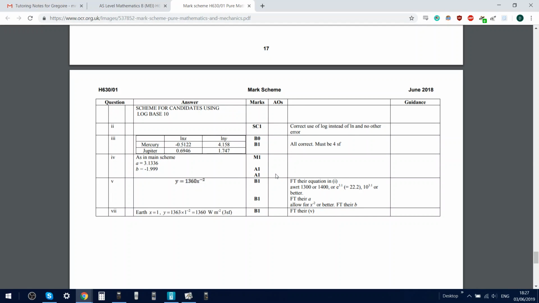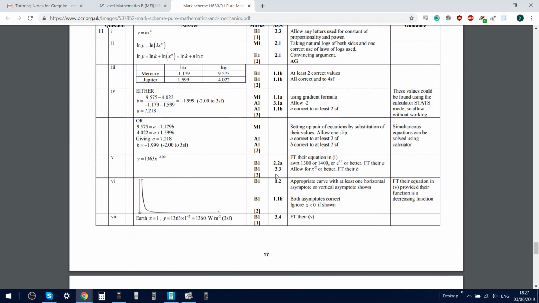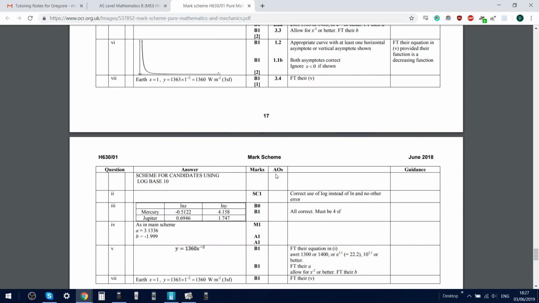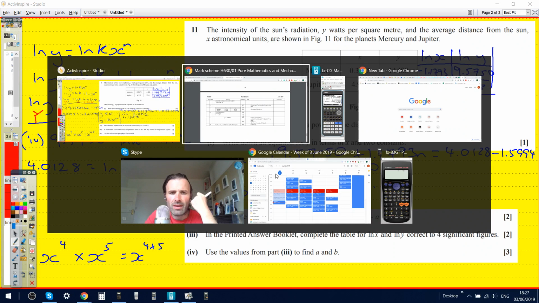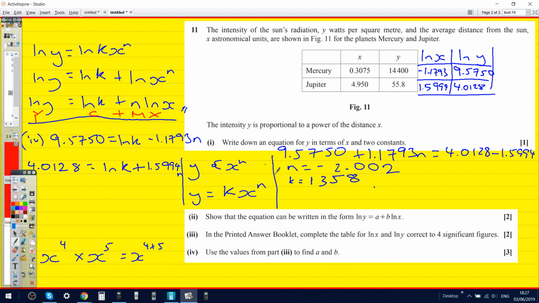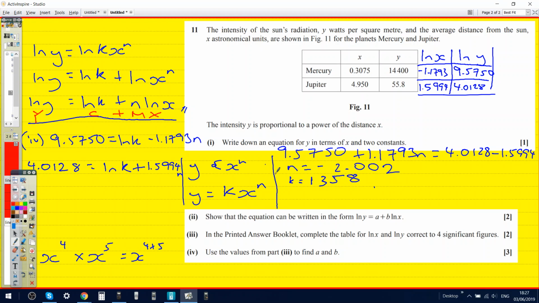A is that, but what is the reason? Oh, is there no working out or anything in this mark scheme? Do they have their values of ln X and ln K? Oh yeah, hang on. So how does that match up with our one? Minus 0.5. Your ln X is off. Let me redo it.